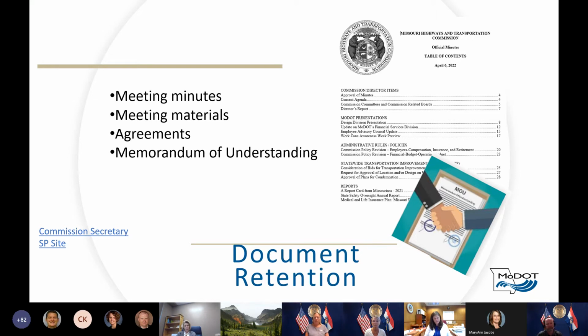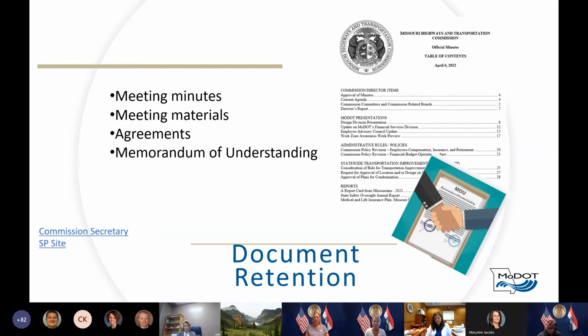All Commission Meeting Agenda items and documents dated with the meeting are retained on the Commission Secretary's homepage. This is the official repository for records that contain historical value and assist in supporting the daily decisions that MoDOT operates under.